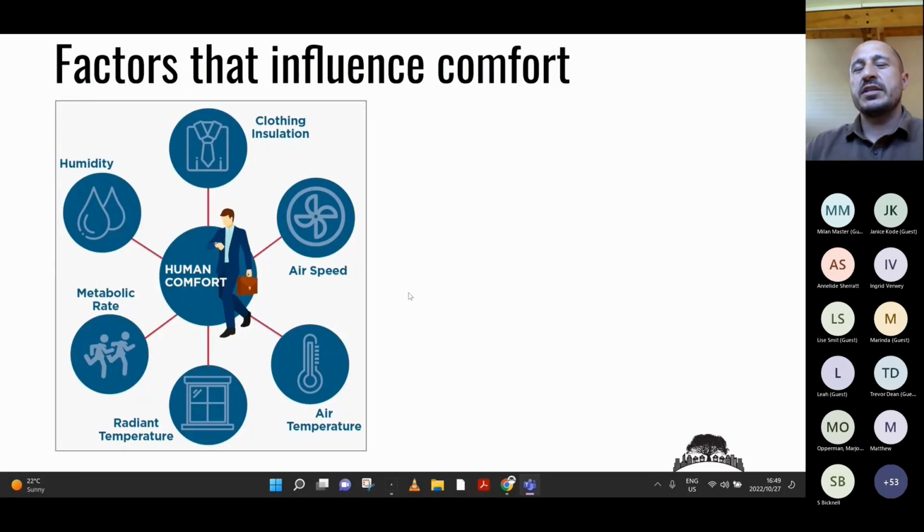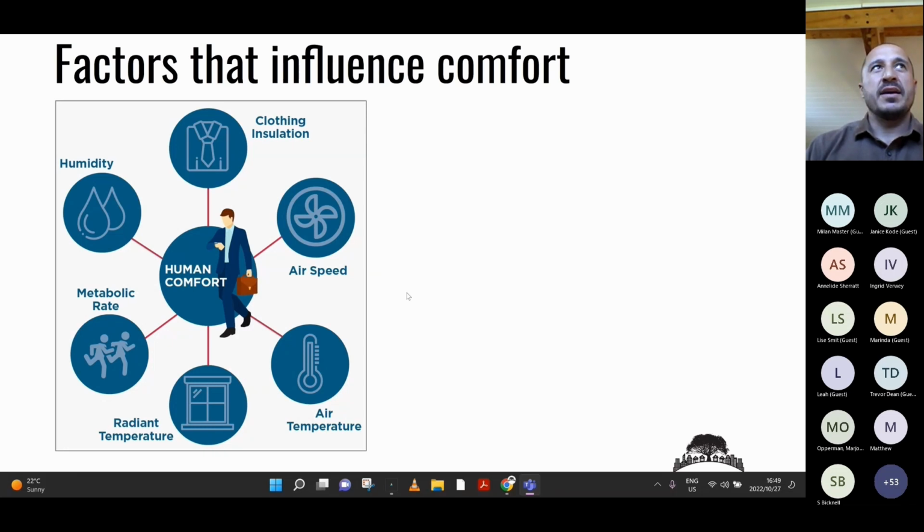So thermal comfort, some of you may have heard this spiel from Chilu or myself before, but thermal comfort is not just about air temperature. There's a host of factors that play into whether we're comfortable thermally or not in a building. Some of them, like your metabolic rate and your clothing, are somewhat less in control of the designer, but it's still a factor that the designer brings into play.